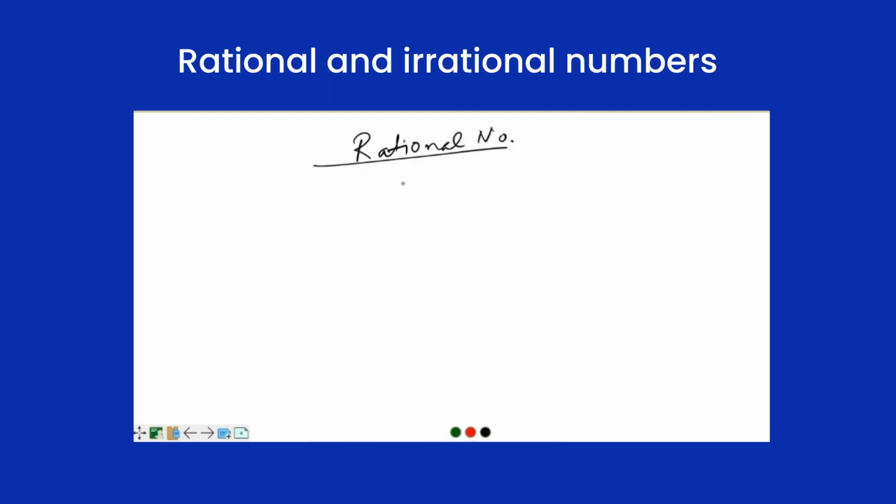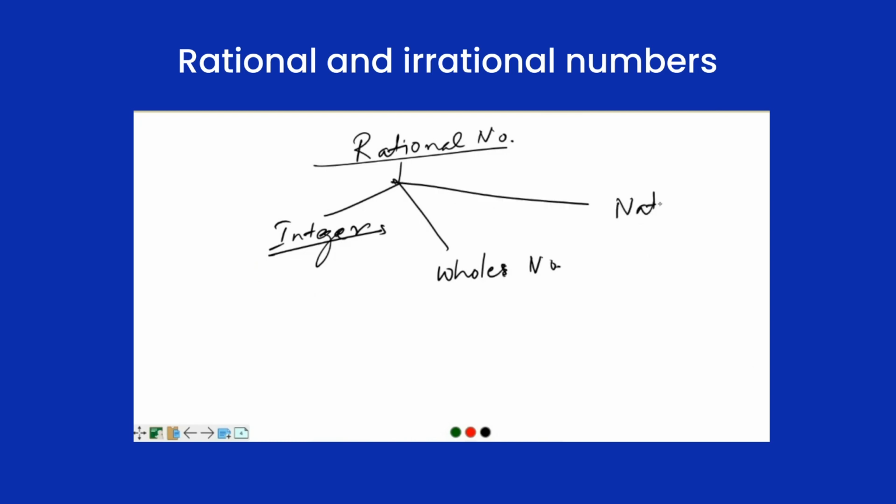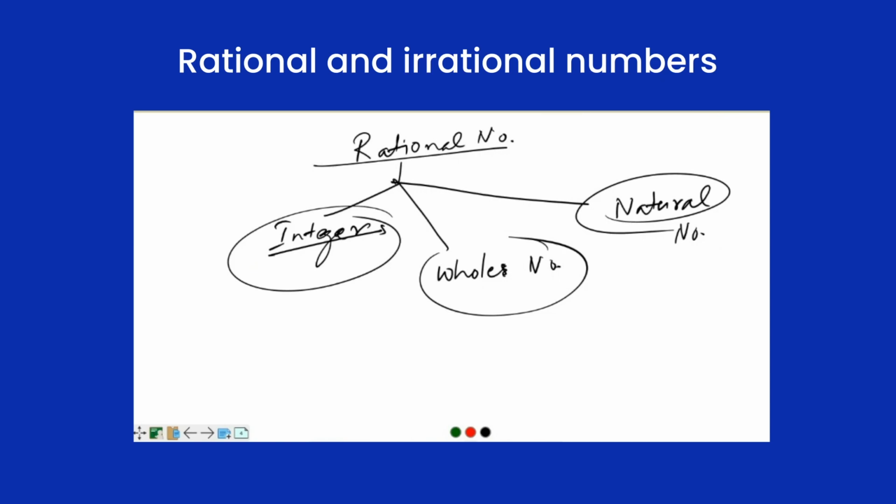The rational numbers have integers, then we have whole numbers, then we have natural numbers. These are the categories of the rational numbers.